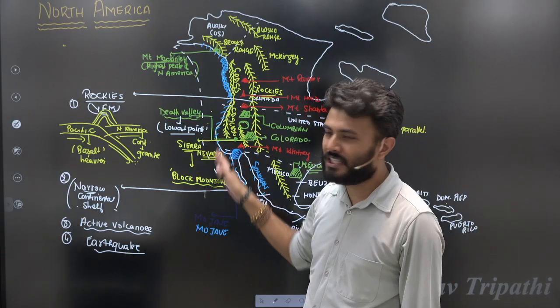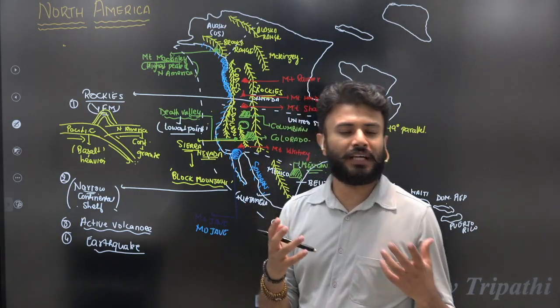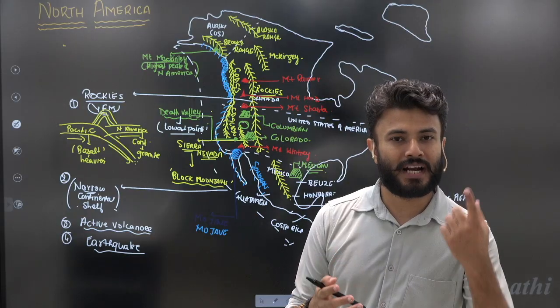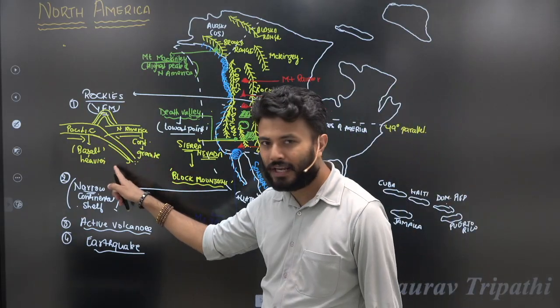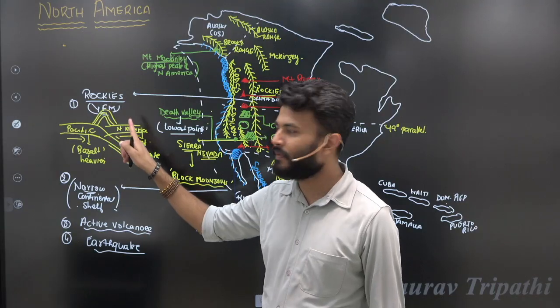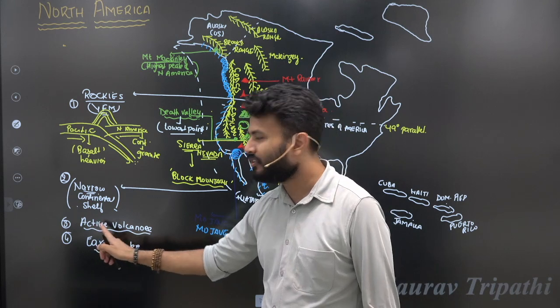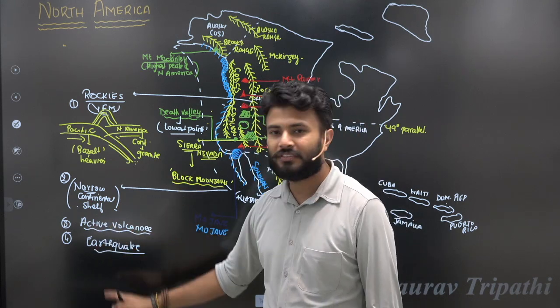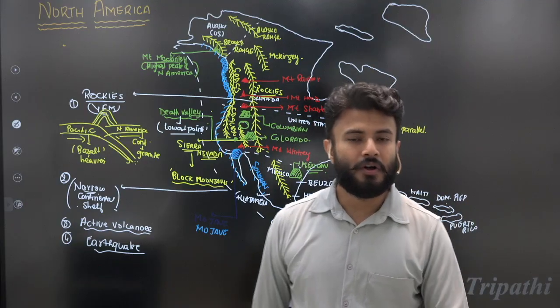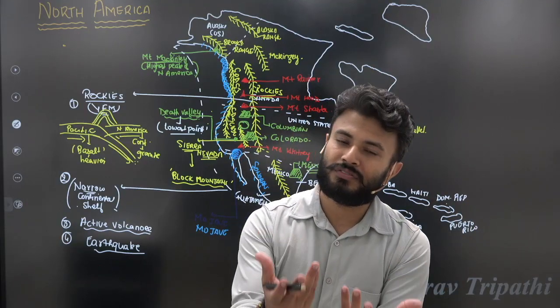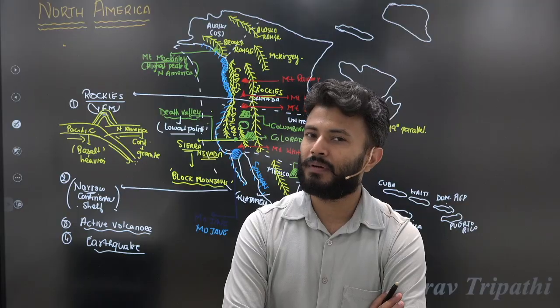So all the geophysical characteristics, that is, the subduction of the plate, formation of young fold mountains, presence of narrow continental shelves, active volcanoes, and high intensity earthquakes, are the geophysical characteristics of the circum-Pacific belt.